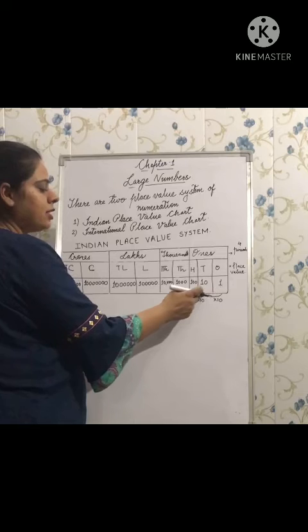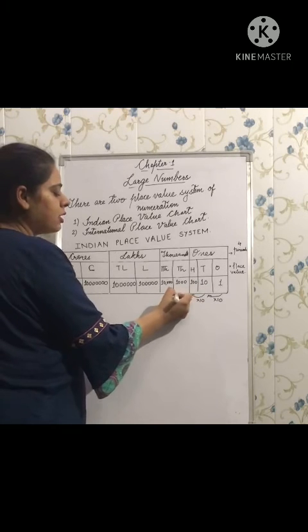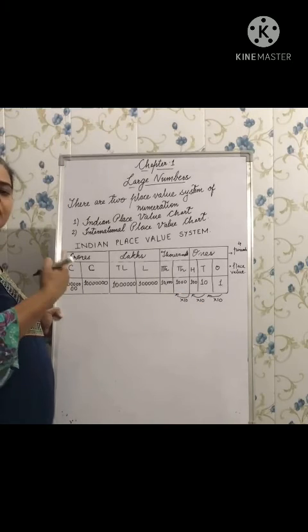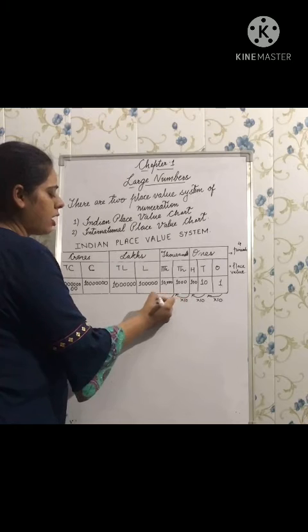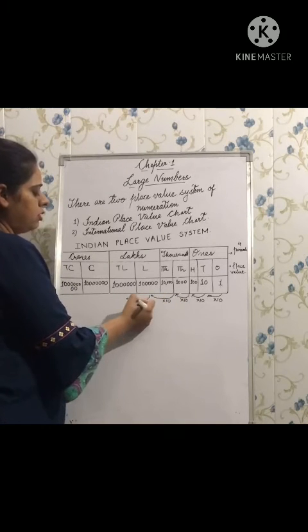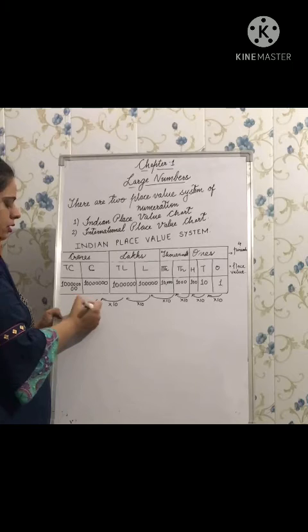As you move to the left side, it is increasing 10 times. It means as we are moving from right to left, the digit is 10 times of the previous digit. Yes?